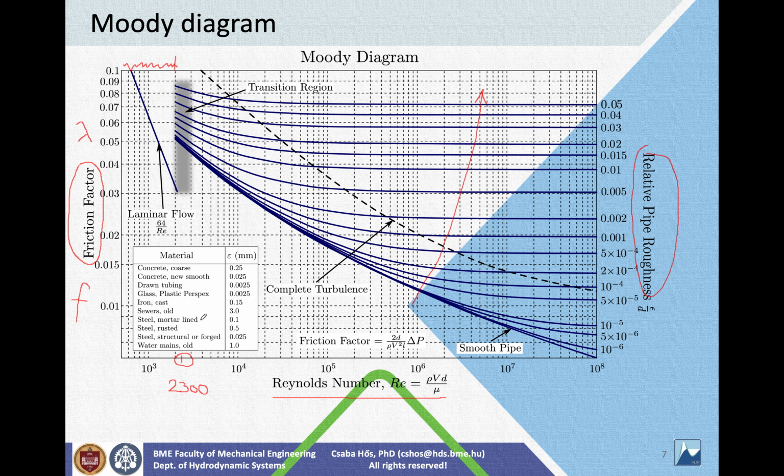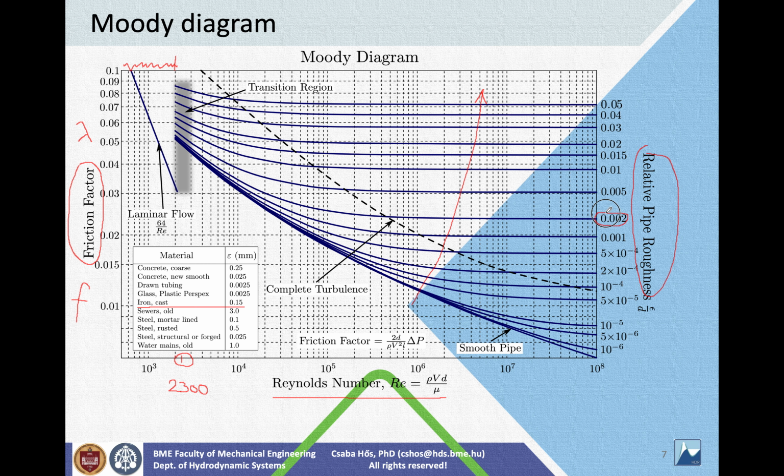You say that, okay, let's assume I have a cast iron pipe. So the epsilon, the roughness, is approximately usually 0.15 millimeters. Then you compute the relative roughness, so you divide this number by the diameter, and then you get, okay, let's say you get this number.